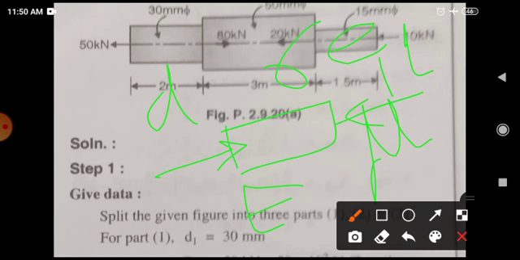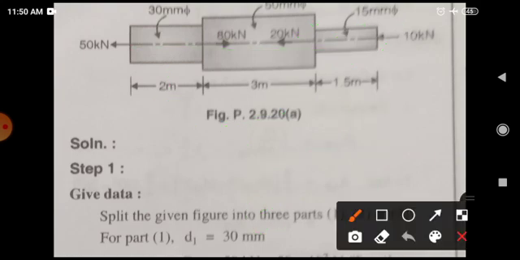This is a very simple problem, like the problem which we solved a few lectures back. It is the same problem, just we have to do it 3 times, as here there are 3 rods. Let's start without wasting our time.